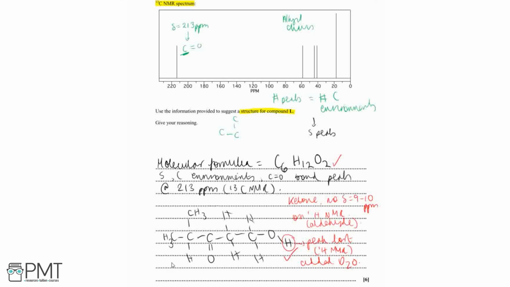So we analysed them in full with the peak environment, so that's from our chemical shift. We looked at our splitting by using the n+1 rule, and we looked at our integration, which was given to us next to the peaks. And looking at all of these different bits of information and putting them together then gives us the structure of L and gets us into the top band to get full marks.